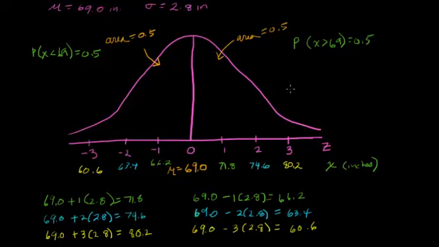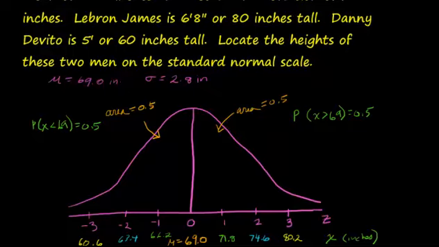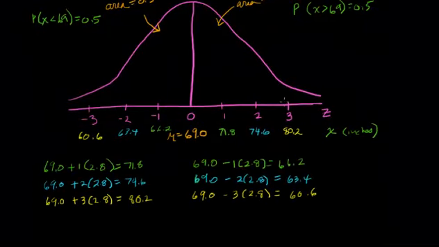Okay, so we were asked to locate the heights of those two men on the standard normal curve. Where would they be relative to our average male right here? We said LeBron James was 80 inches tall. So LeBron would be somewhere about right here, very close to almost 3 standard deviations.